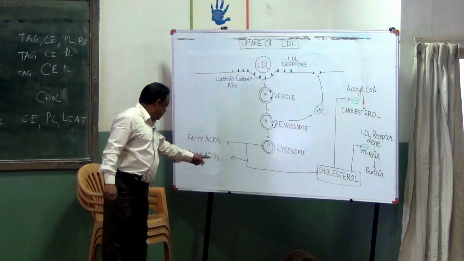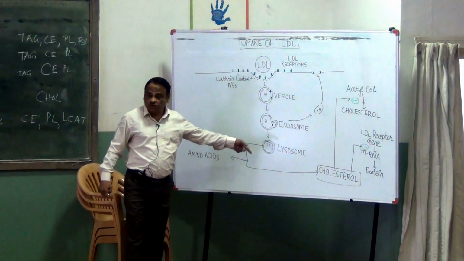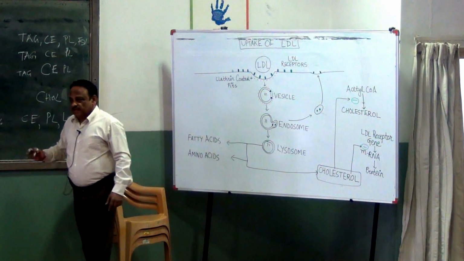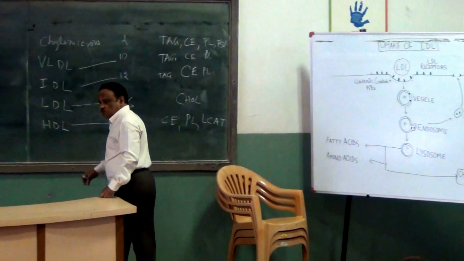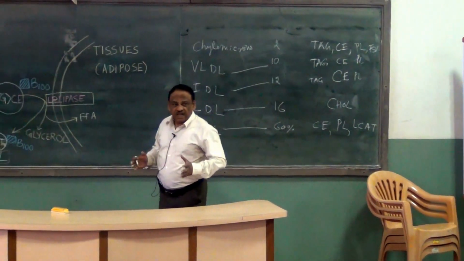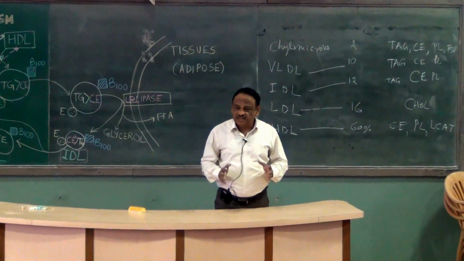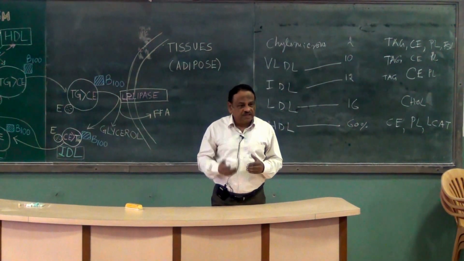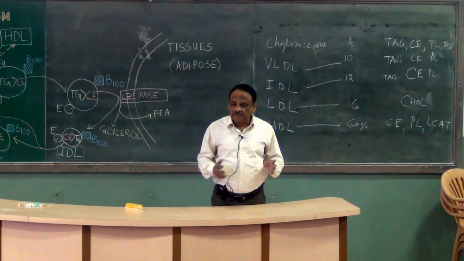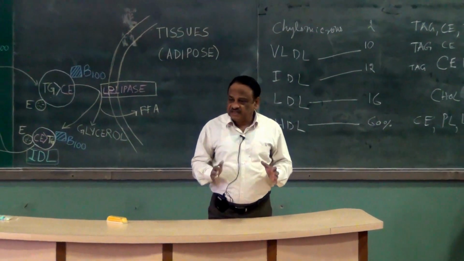That apoprotein is converted to amino acids because the endosome fuses with the lysosomes. Lysosomes are cellular particles which contain all the hydrolytic enzymes. They contain proteases, lipases, phospholipases. All the hydrolytic enzymes are present in the lysosomes.